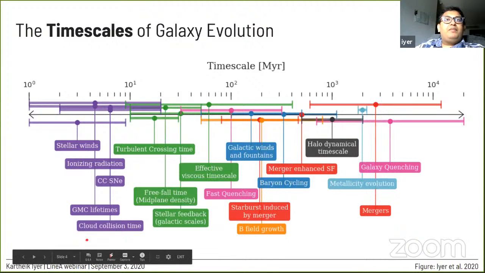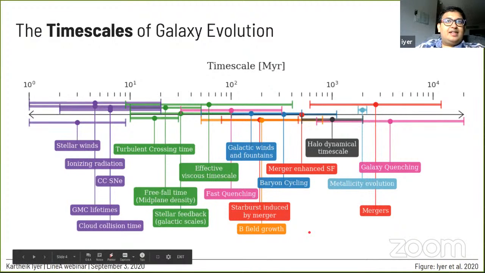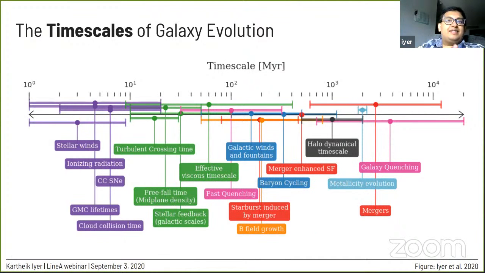So because there are all of these timescales, and because these timescale ranges are overlapping, it becomes really important for us to understand the relative importance of different physical processes for a population of galaxies, to figure out why they are acting in a certain way.